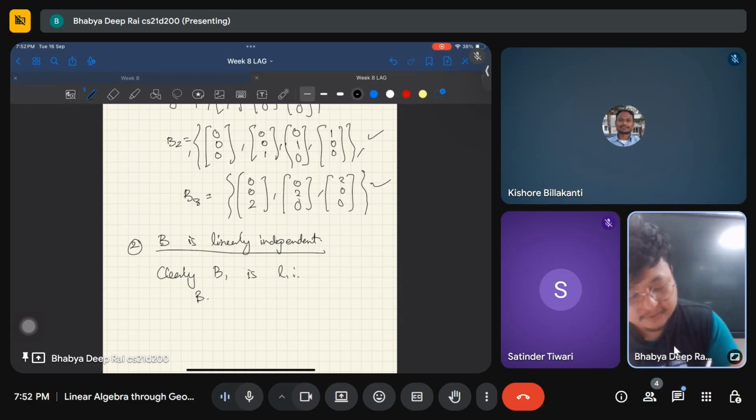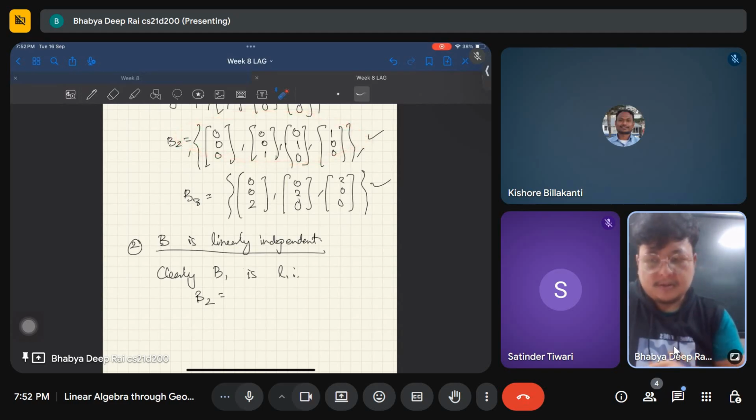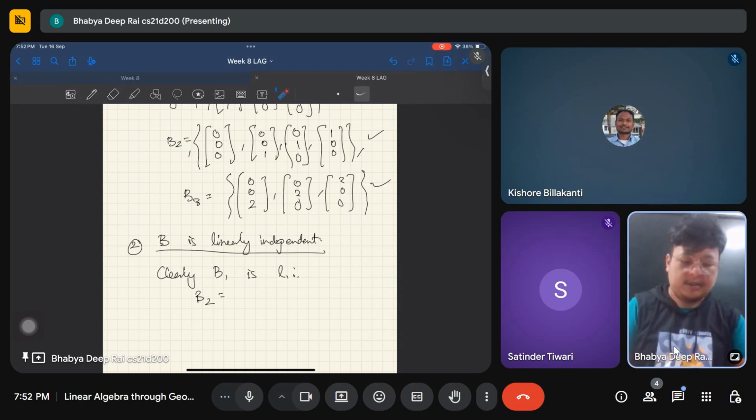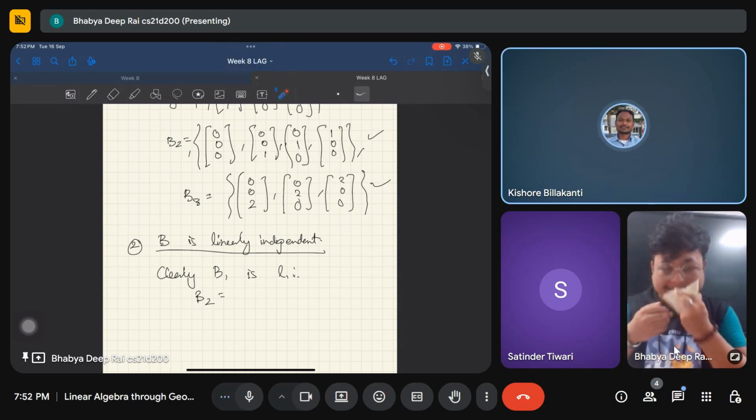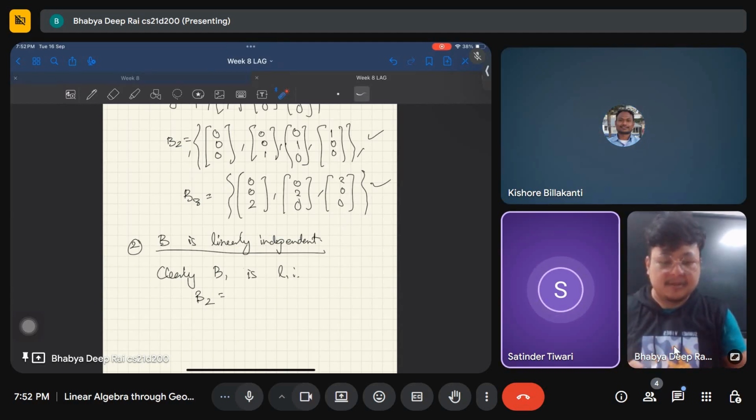Now what about B2? Is B2 linearly independent? If we see 0, 0, 0, it can be expressed like B2, it contains 0, 0, 0. So one of the vectors can be expressed as a combination of the other two.